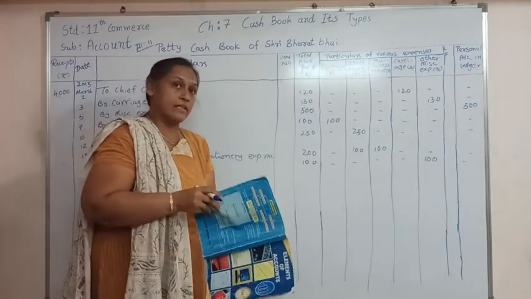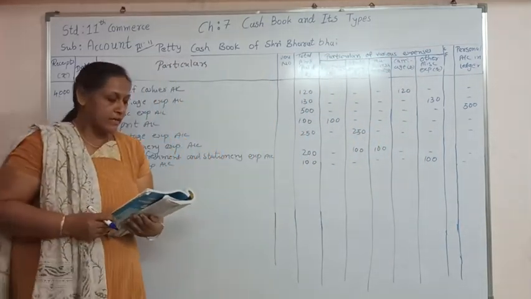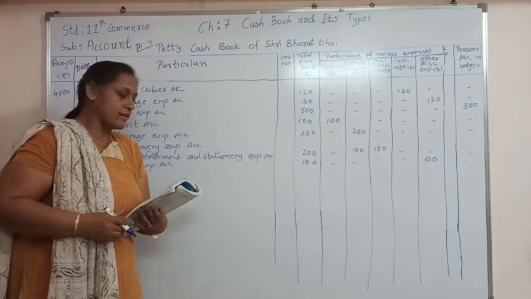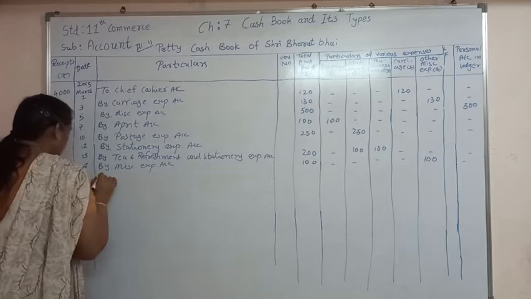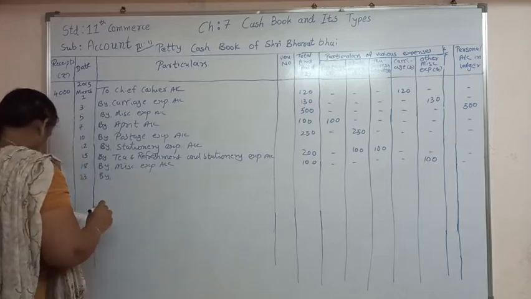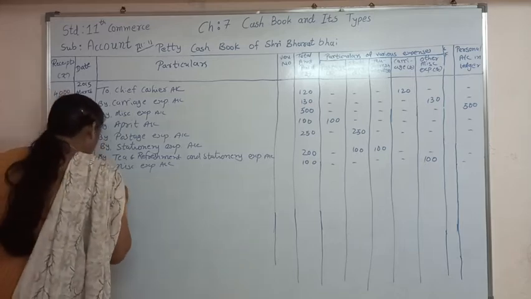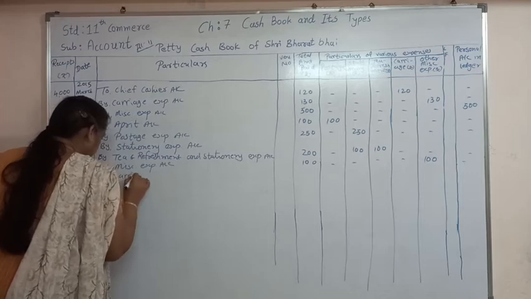Now on date number 23, rupees 100 paid for carriage and 150 paid for stationery. 23rd, by carriage and stationery expense.